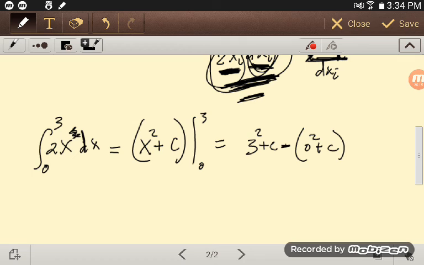But that minus is going to make that a minus. And the constants just cancel out. And so they don't really matter. We just get the 9. So worrying about that arbitrary constant in a definite integral is not necessary.